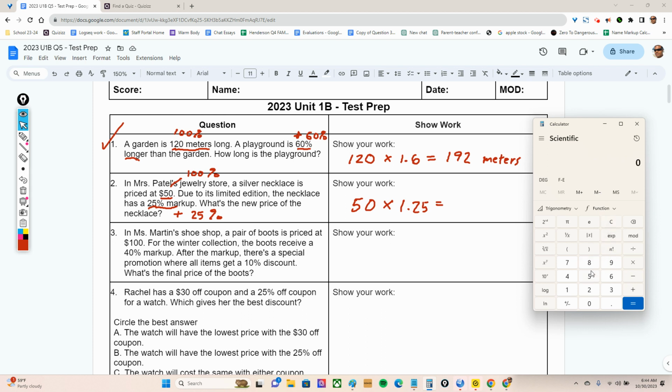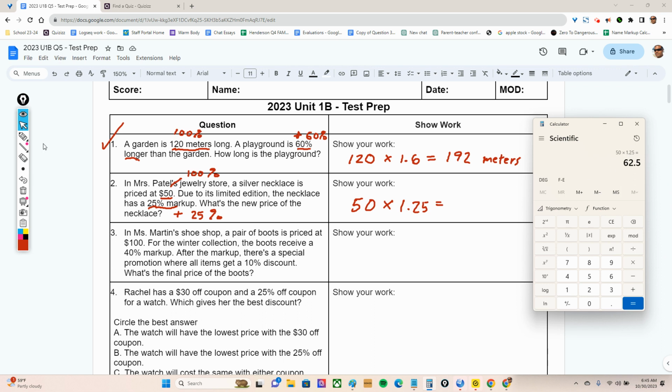Plus or times. 50 times 1.25. Still messing it up. 50 times 1.25 equals. Then I got to check up here.